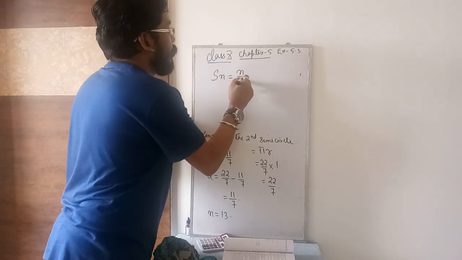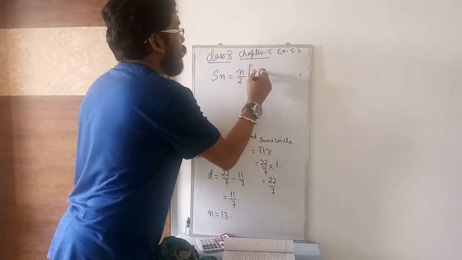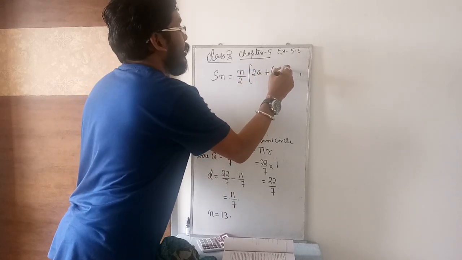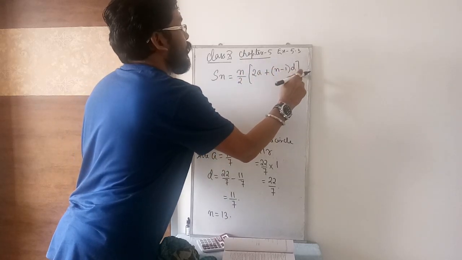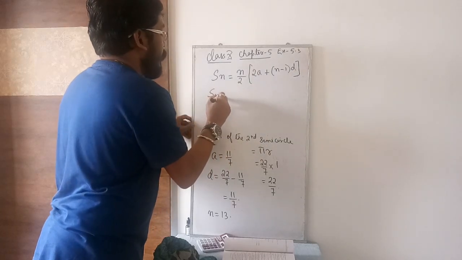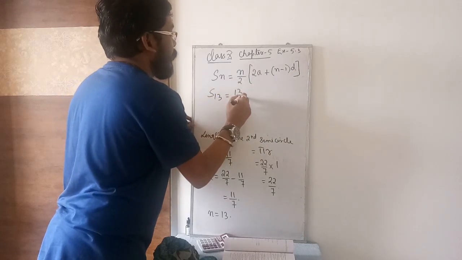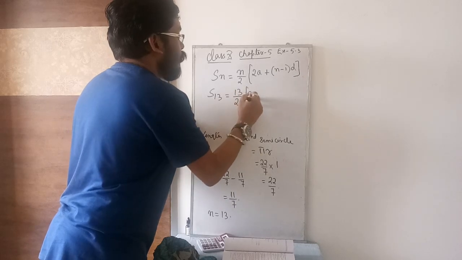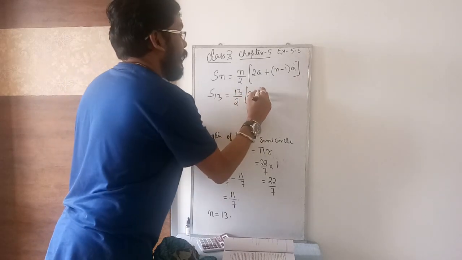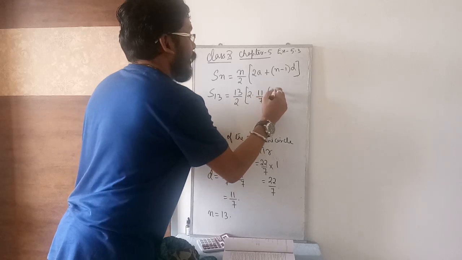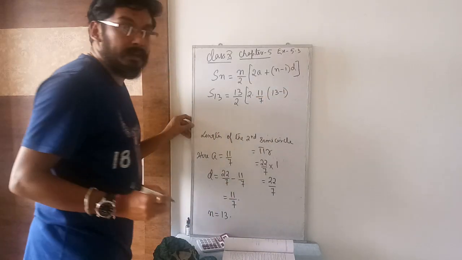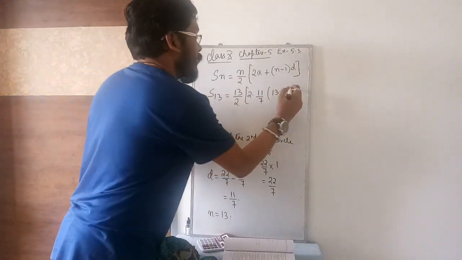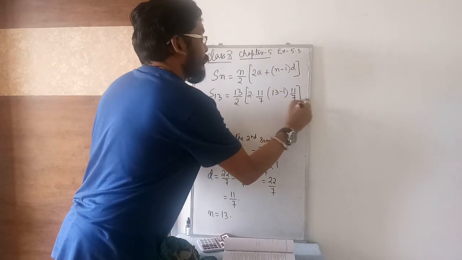Sn equal to n by 2 into twice a plus n minus 1 into d. S13 is 13 by 2 into 2a. Your a is 11/7. N is 13, minus 1. And d is your 11/7.